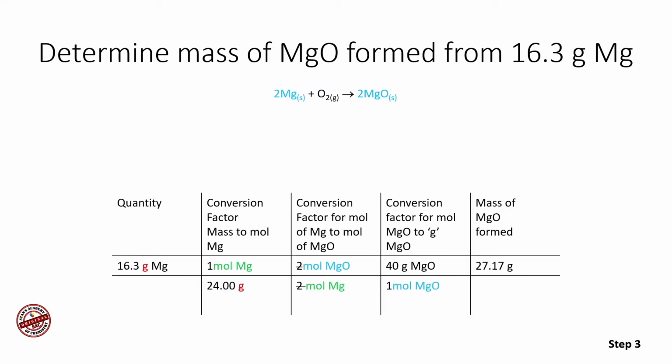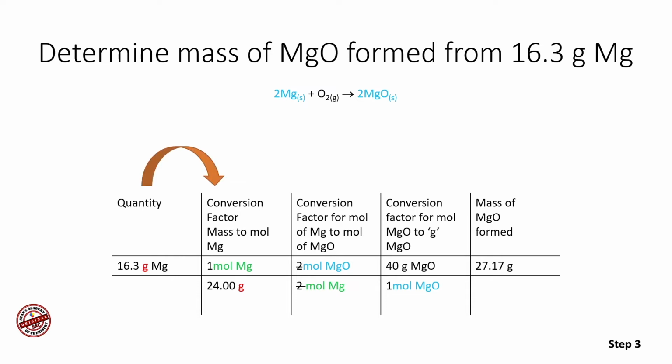The quantity we are starting with is 16.3 grams of magnesium, and we want to convert it into moles. So the conversion factor for mass to moles of magnesium is 1 mole of magnesium divided by 24.00 grams. Since we are given the mass of magnesium, in the second column, the conversion factor, the denominator should be the molar mass of magnesium, which is 24 grams.